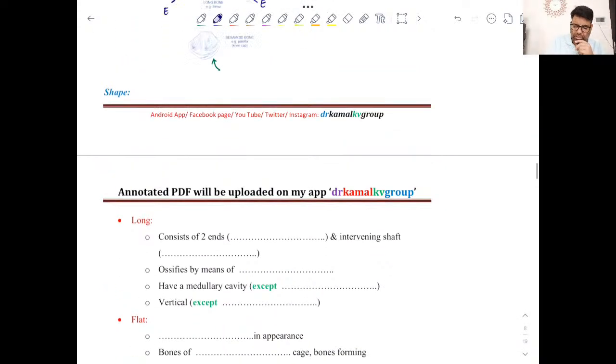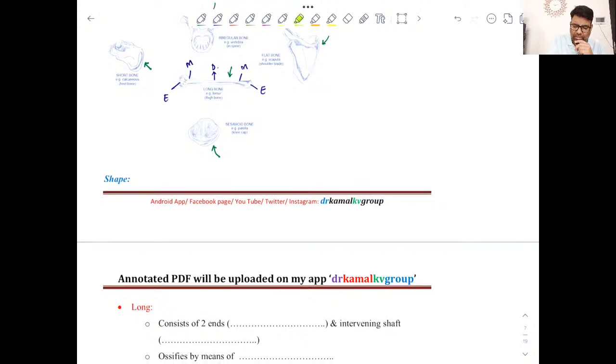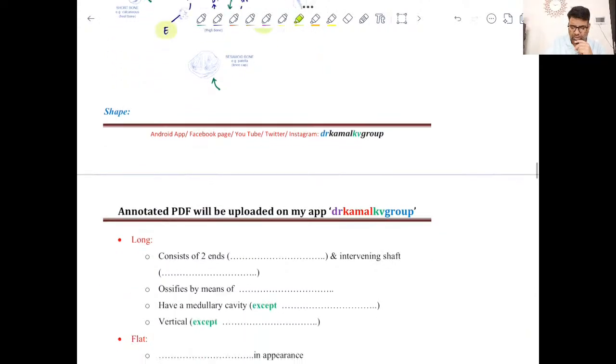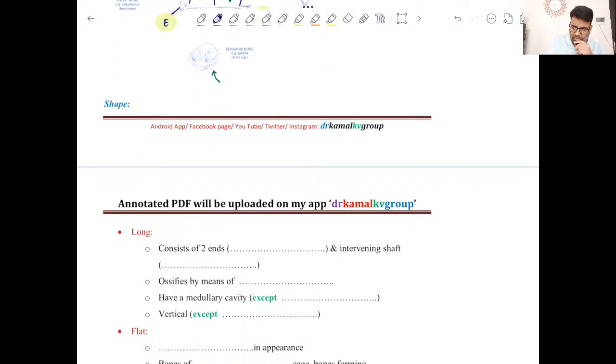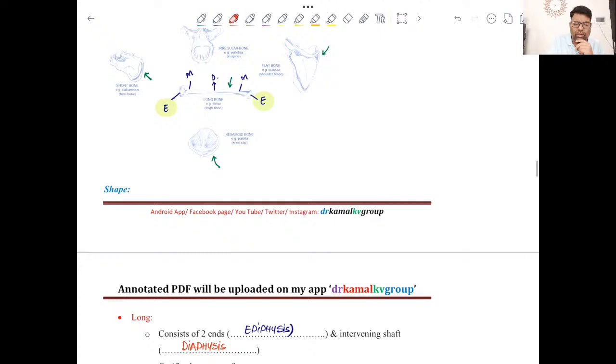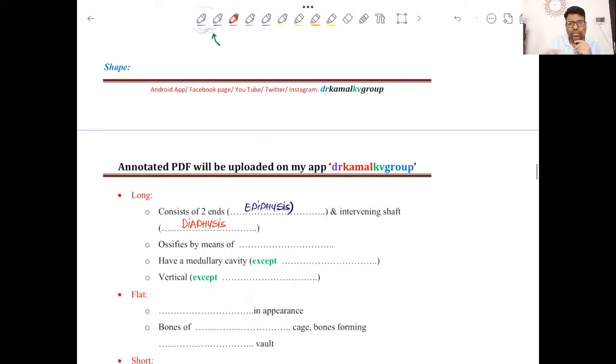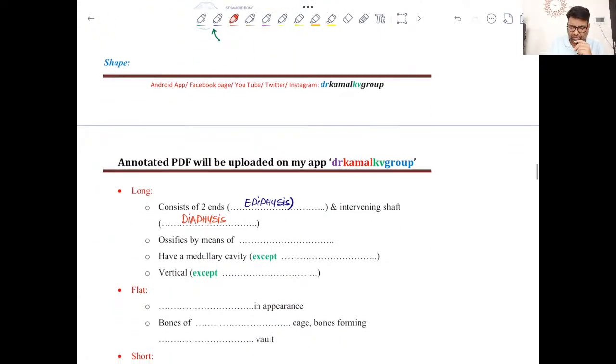So it consists of two ends, and what are these two ends? Epiphysis. So you will write two epiphyses and an intervening shaft. And what is the shaft? The shaft is actually the diaphysis, right? So this is how a long bone looks. At the ends there is epiphysis, in the center there is a shaft.